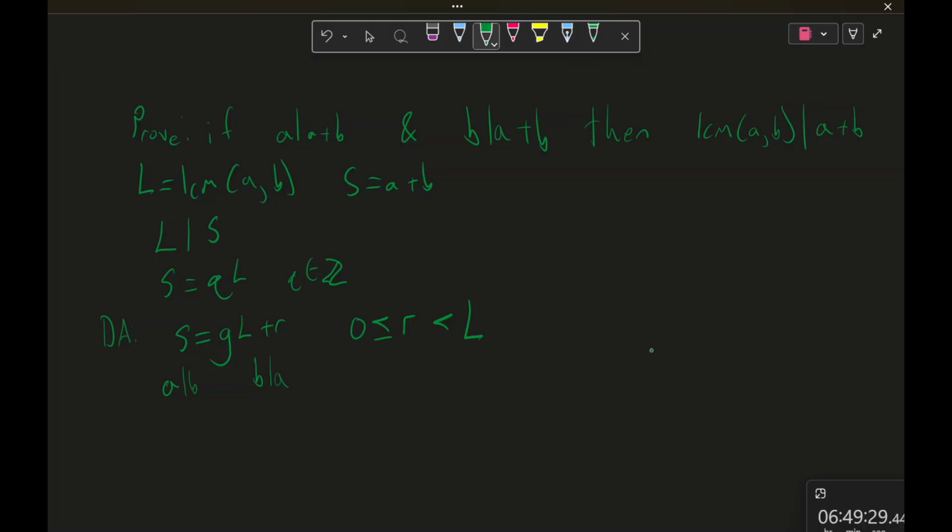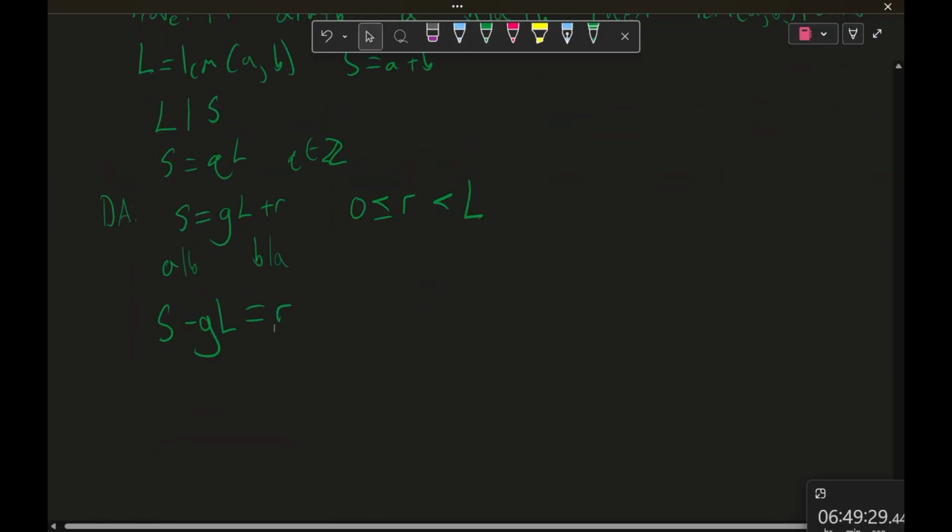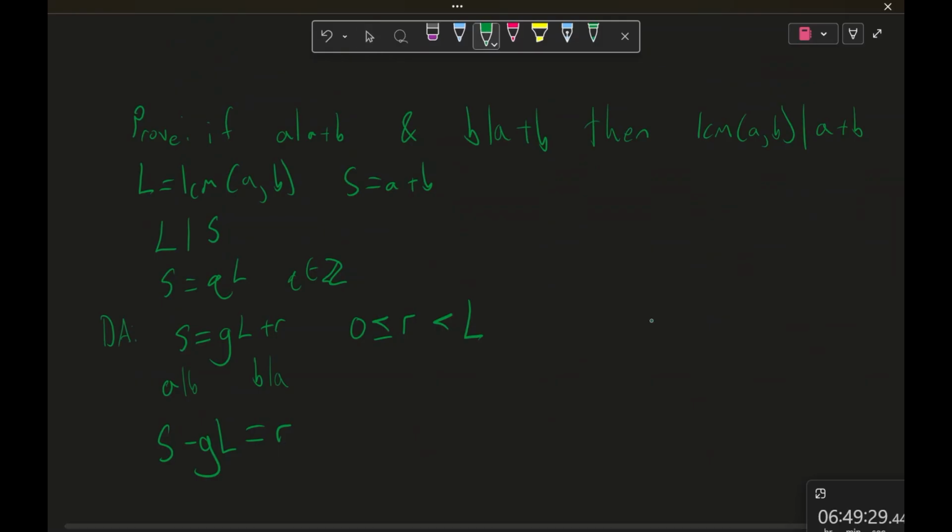Then S equals G times L plus R. We can rearrange the sides, so S minus GL equals R. And then what is S? A divides S and B divides S. So that's also what we have.